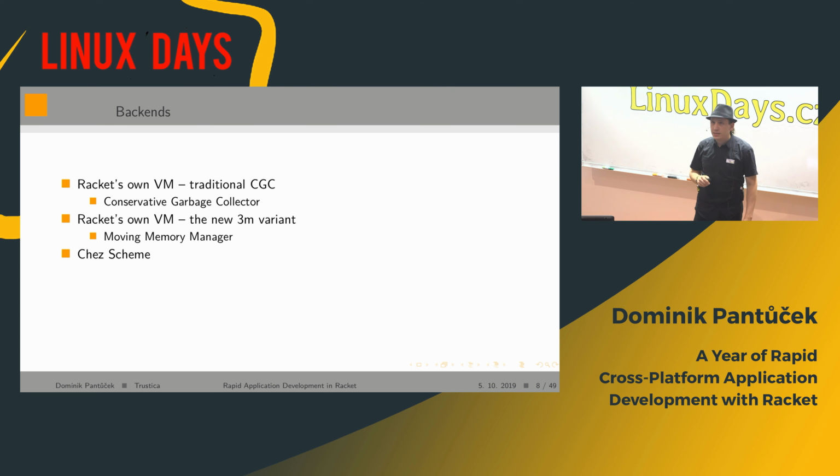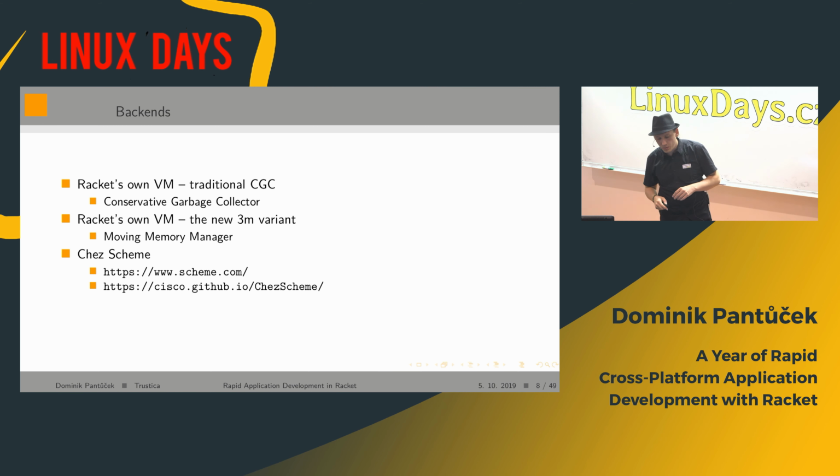And now you can use Chez Scheme as a backend for Racket programs. So they can be even faster, but we'll learn later on that they can be damn fast. Of course, you can get Chez Scheme at scheme.com or on github.io, and you can download the Racket version which uses Chez Scheme at racket-lang.org.